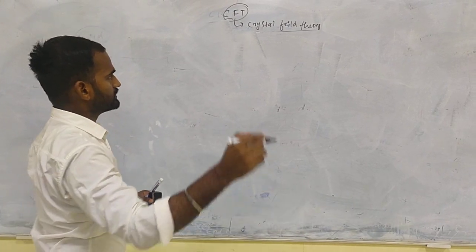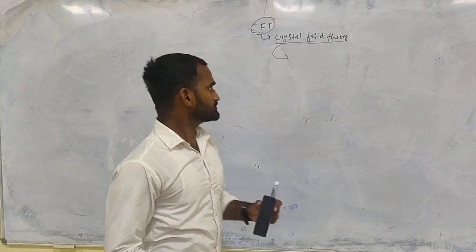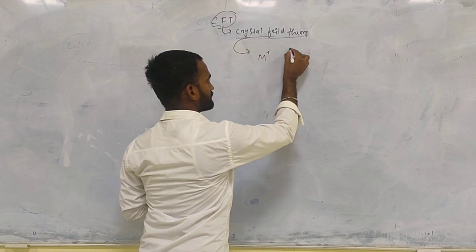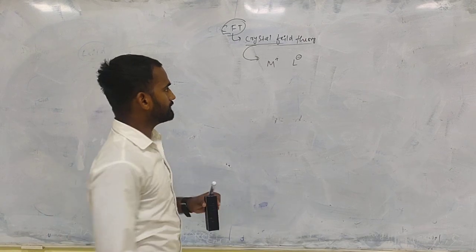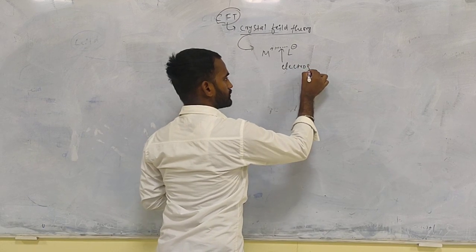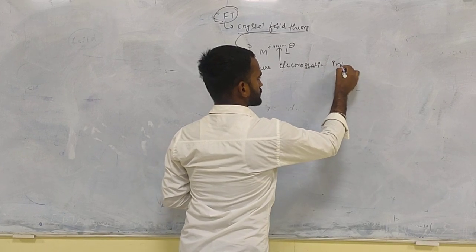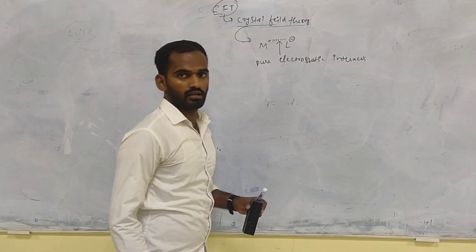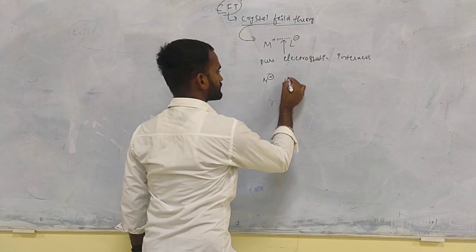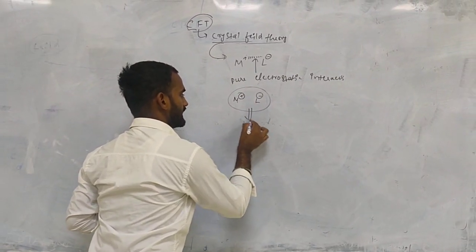Before going to the complex formation, let us discuss the assumptions we have to make in the crystal field theory. The first assumption is that the metal and ligand will be there in the complex, and the interaction between the metal and ligand is purely electrostatic. Second, the metal and ligand are considered as point charges.